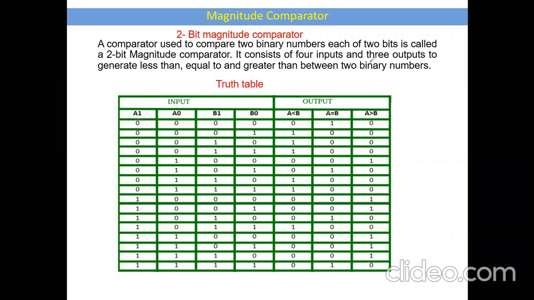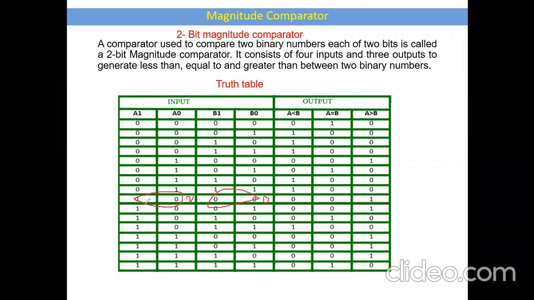Then next we take another example. For example, if I am considering this bit 1, 0. What is the decimal equivalent of 1, 0? 2. Okay. So what is this value? 0. So here, 1, 0 is 2.